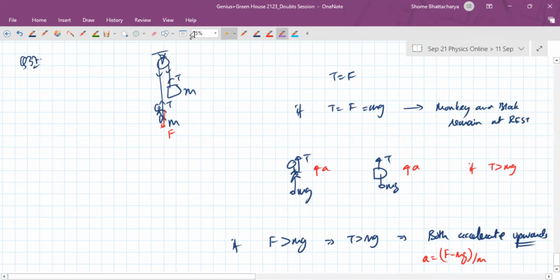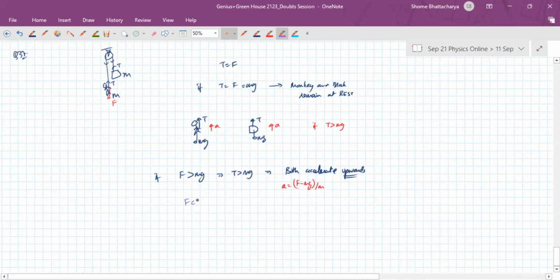On the other hand, if the monkey applies a force which is less than his weight, it is basically climbing down. The tension becomes less than mg. In that case, both accelerate downwards. So both of them will be accelerating downwards.